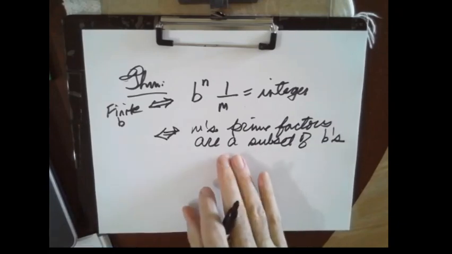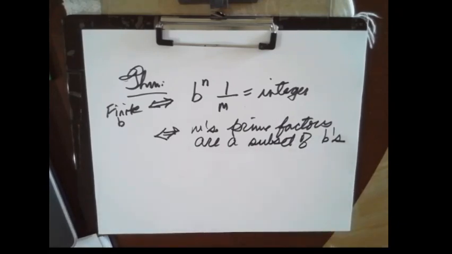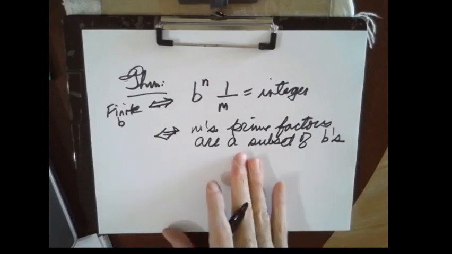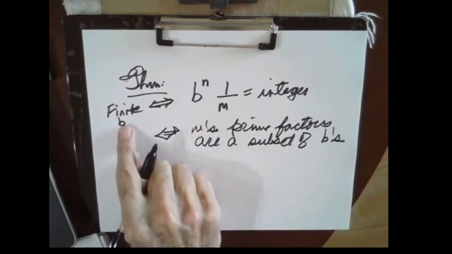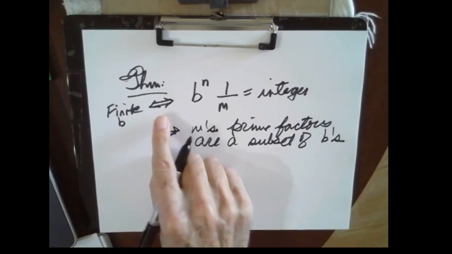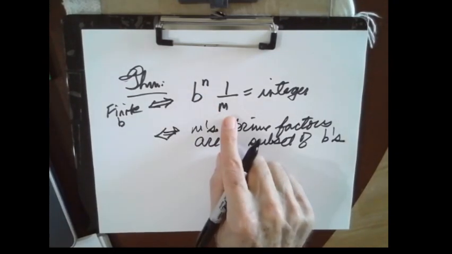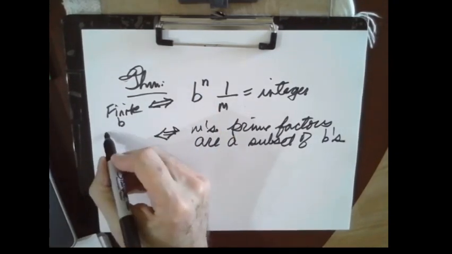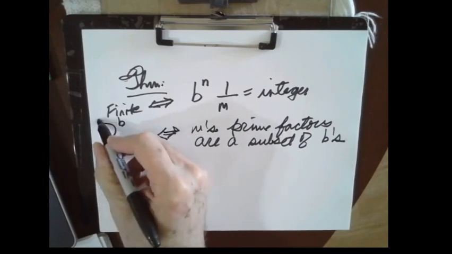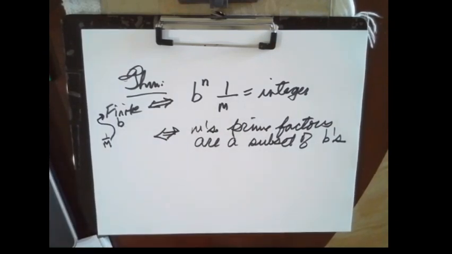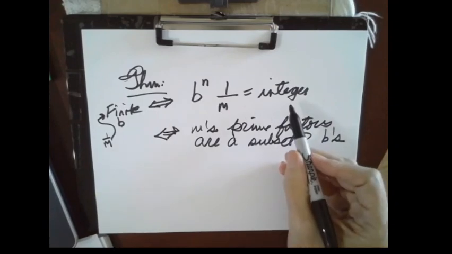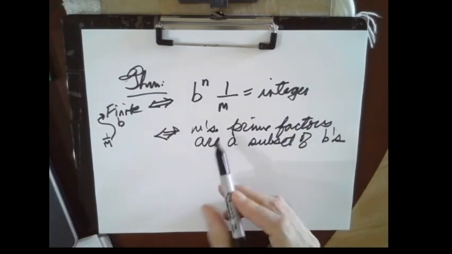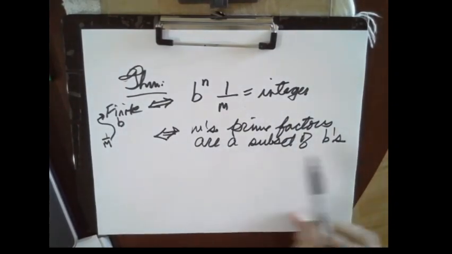Doesn't bother to get into exponents, alpha, beta, gamma, and stuff like that. I think that's clear. We get a finite decimal if and only if b^n times 1 over m is an integer, and that's if and only if m's prime factors are a subset of b's.